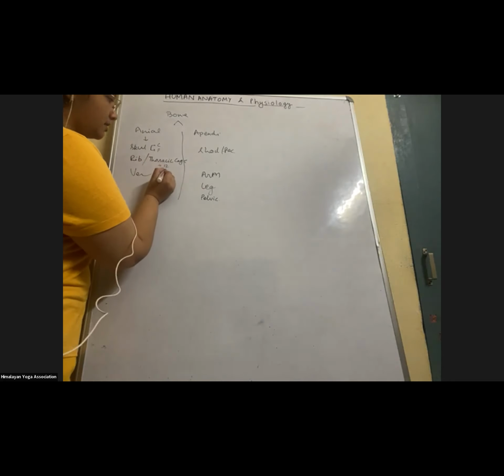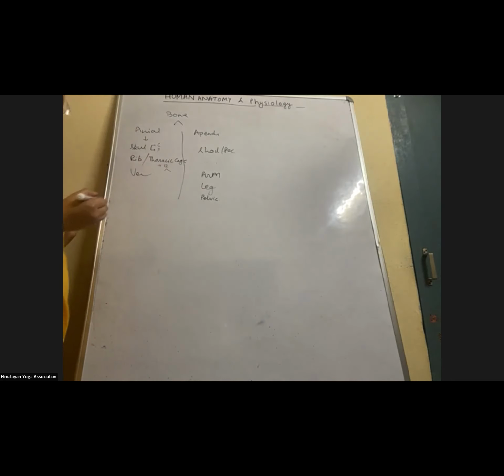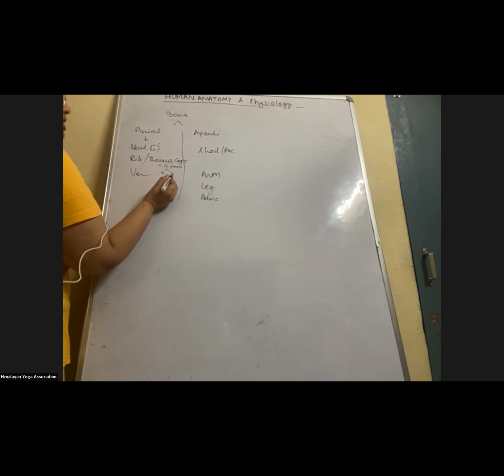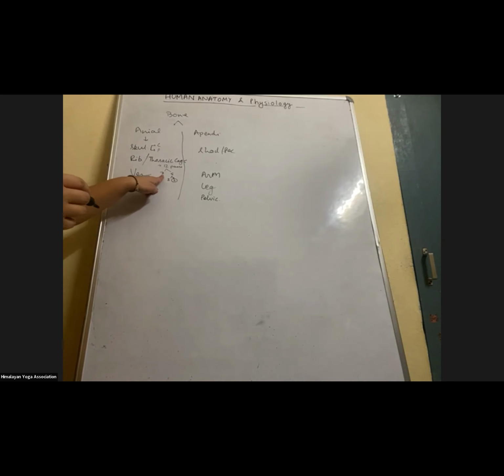And in this, how many are true ribs? Yes, 7 are true and 5 are false. Out of these, 3 and 2; these 2 are floating ribs. True ribs, false ribs, and floating ribs.